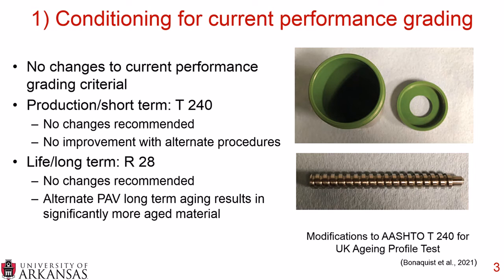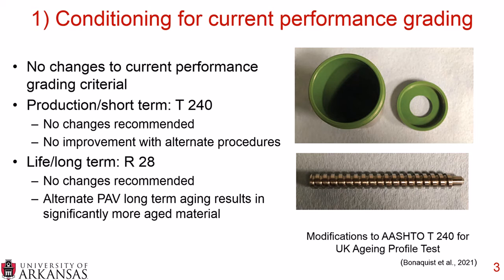They also recommended in this scenario for the life aging or the long-term aging that AASHTO R28 also has no changes to the aging procedure. And this is because the alternate PAV long-term aging resulted in significantly more aged material.